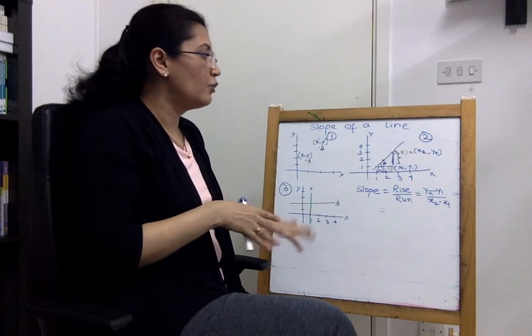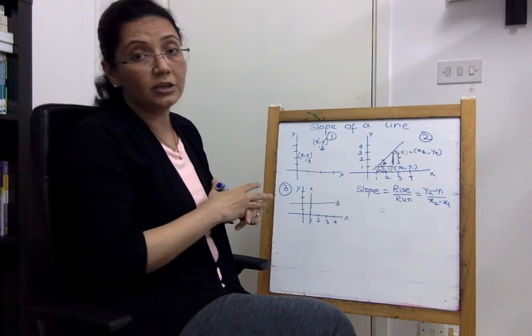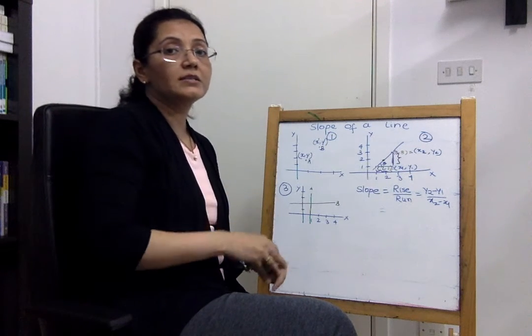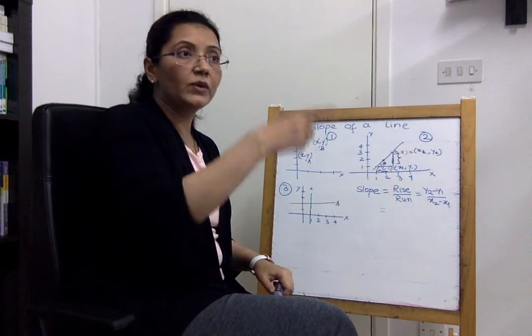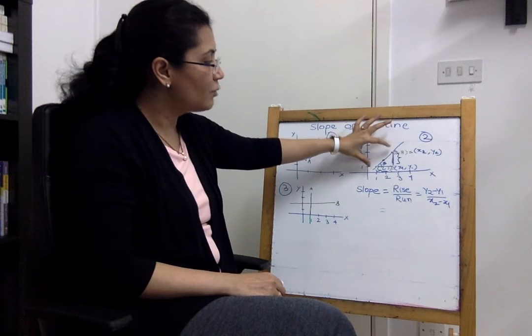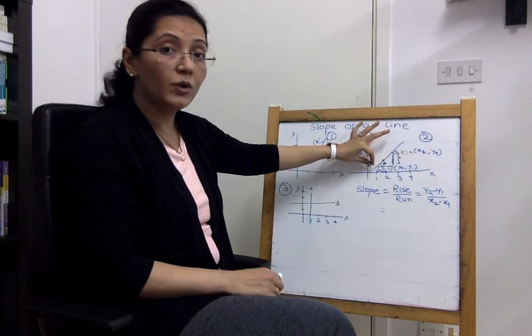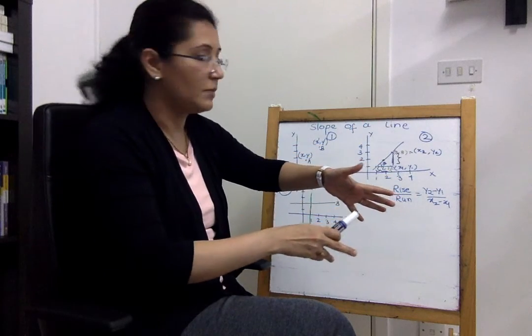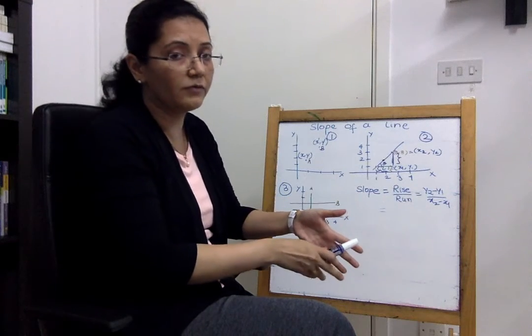Now you might think, where are we going to use this concept in future, in the study of calculus? Calculus is nothing but the study of continuous change. If you look at these 2 points, you are finding the slope at 2 different points. When these points come very close to each other, you get into the calculus part, which is the differentiation or derivative of a function.